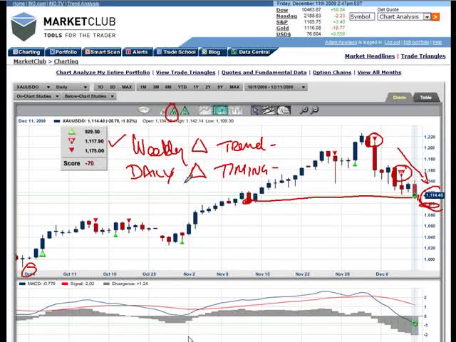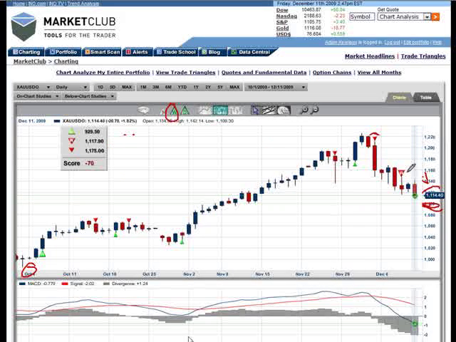You're only going to be trading in the direction. In this case, you're only going to take this signal, this signal, this signal. Okay? Now that we have a red weekly triangle, you only want to take the red signals as going short. Does that make sense?